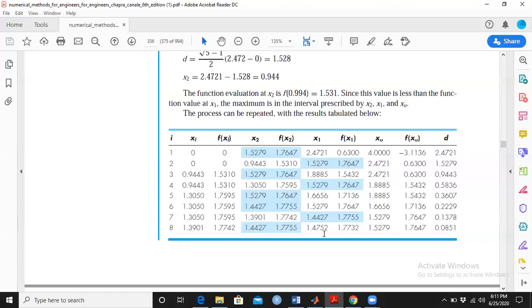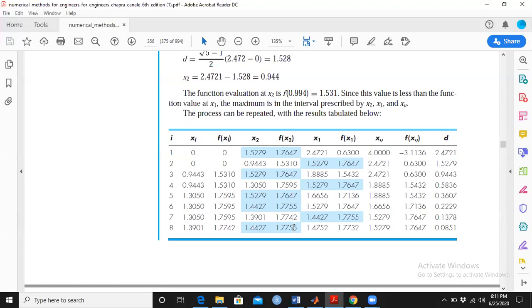Then X1 is 1.4752 and X2 is 1.4427, right? You can see that the functional values at X2 and X1 are 1.7732 and 1.7755.